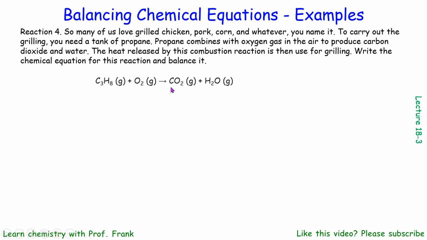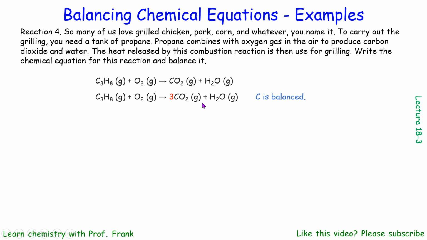So the number of carbon atoms, there are 3 on the left-hand side, but there's only 1 carbon atom on the right-hand side. So therefore, we should place a coefficient of 3 before CO2. So now, in the second equation, carbon is balanced.